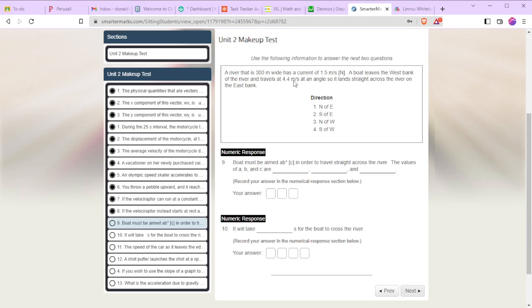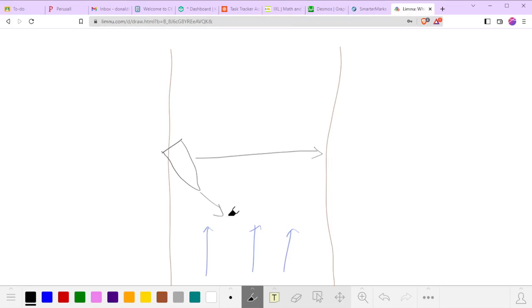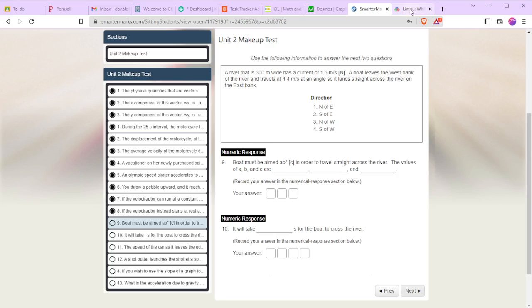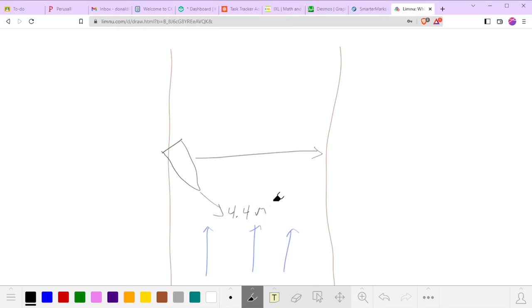So we know that the boat moves at 4.4 meters per second, and the current is 1.5 meters per second, or 1.5 I should say. So to find this angle, we want the inverse sine.